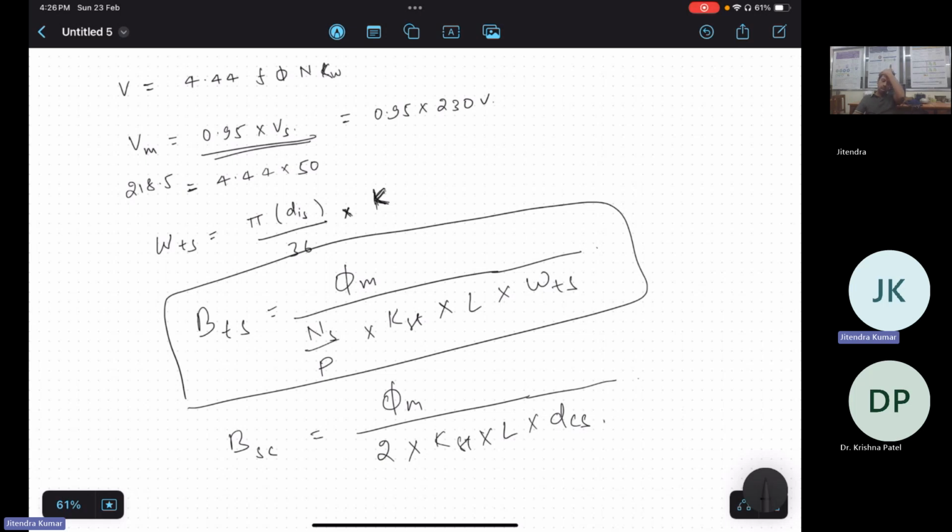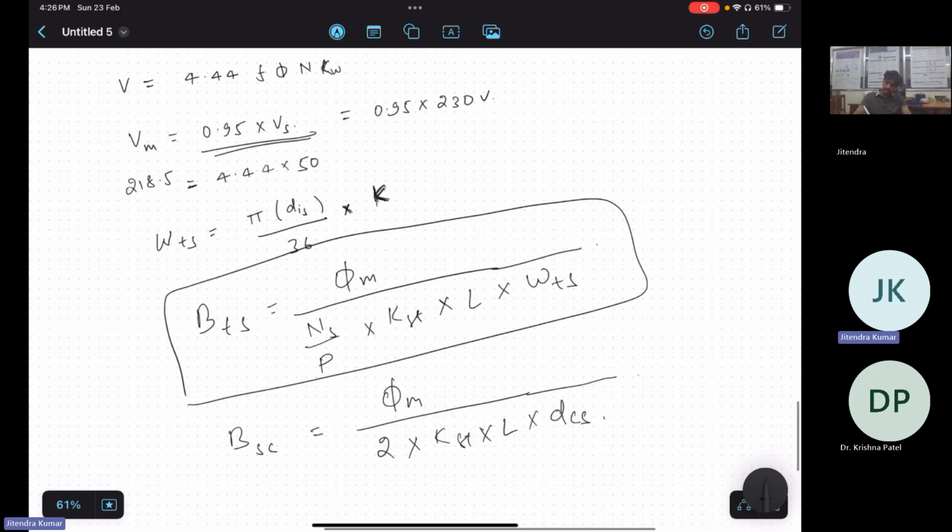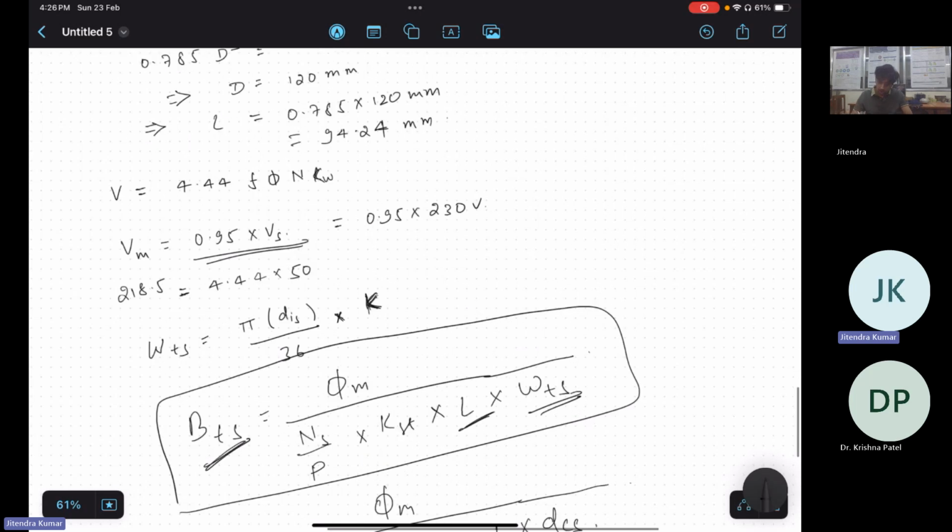Now, we are given the BTS maximum value, but the tooth width is not given, so we can calculate it.